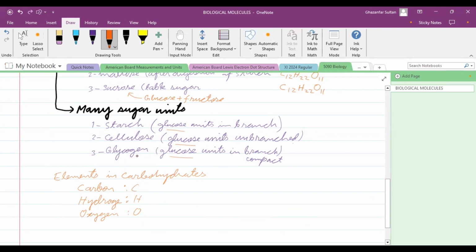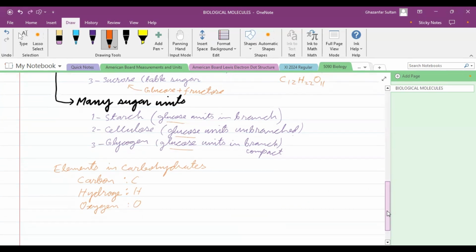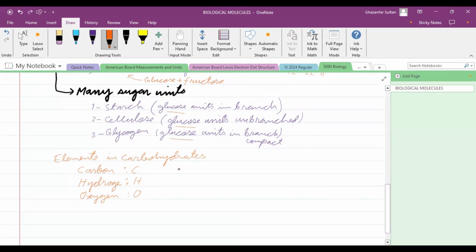And all of these carbohydrates, whether they comprise many sugar units, 2 sugar units, or a single sugar unit, they all contain these 3 elements. And remember that the ratio of carbon and oxygen is almost same. It is another important point. What to note?